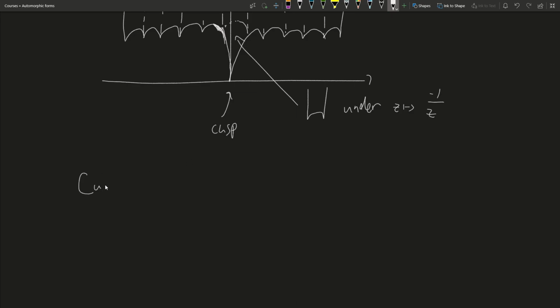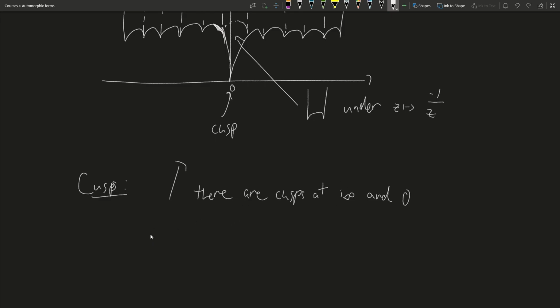So let's talk about cusps. Really, there are two cusps up here. There are cusps at i infinity and 0. Right, so this is the cusp at 0. So it's always the case that when you're working in prime level, you're going to have two cusps.